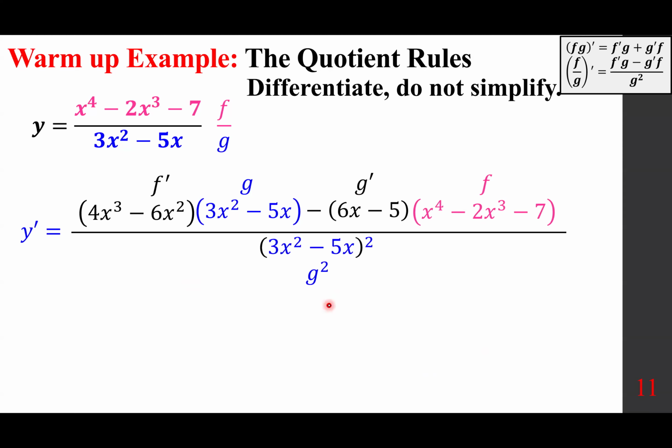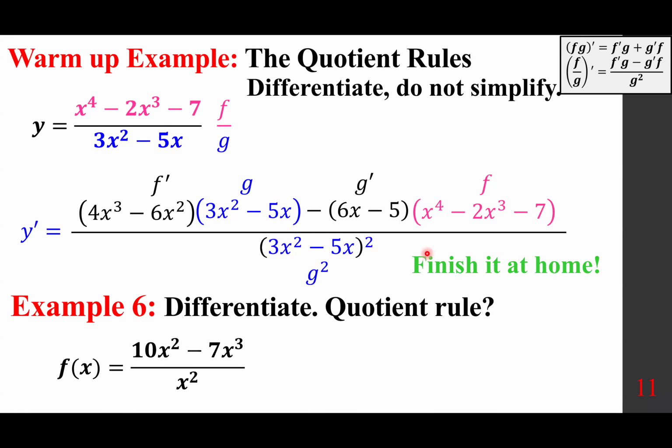You want g squared. And of course, I expect you to finish it. It's important to know in some instances, this may be acceptable as a final answer by your digital platform. Not for the exam, not acceptable. You have to finish it.